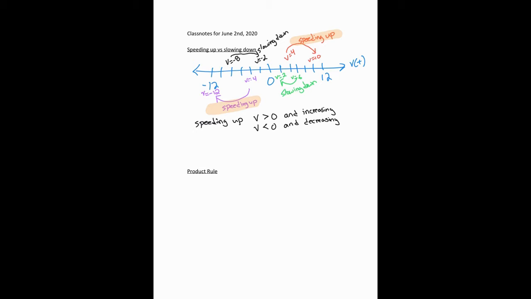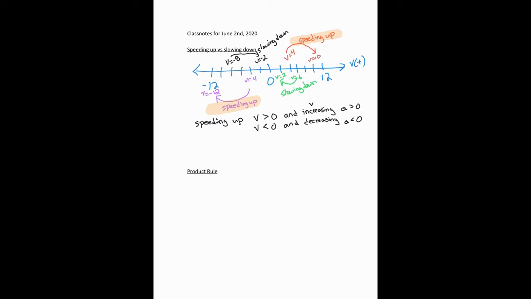And the change in velocity is the acceleration, right? So another way of saying that the velocity is increasing is saying that the acceleration is positive. And another way of saying that the velocity is decreasing is saying the acceleration is negative.